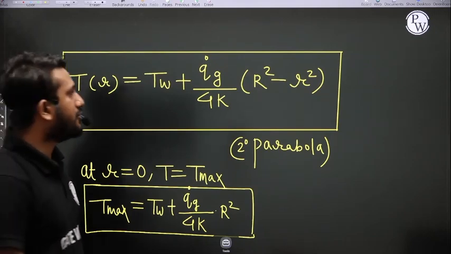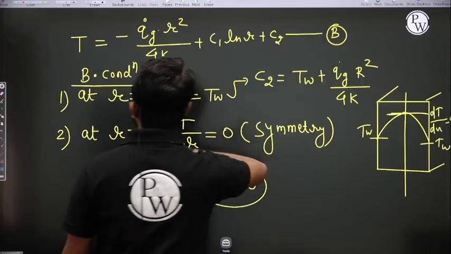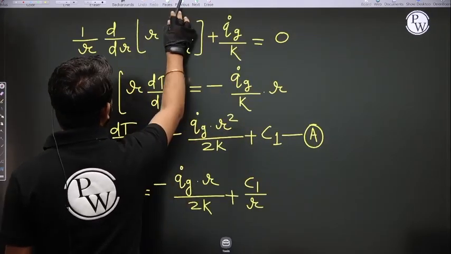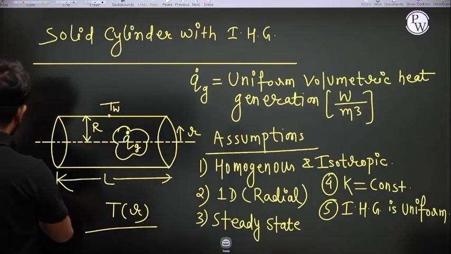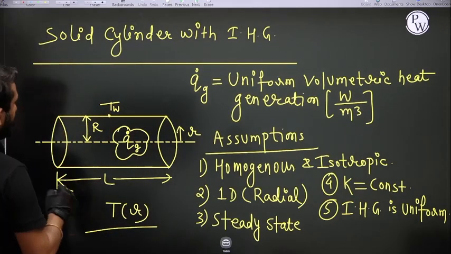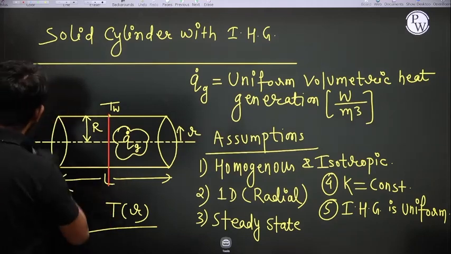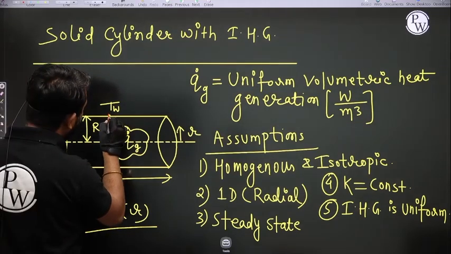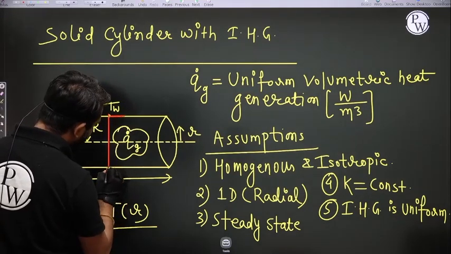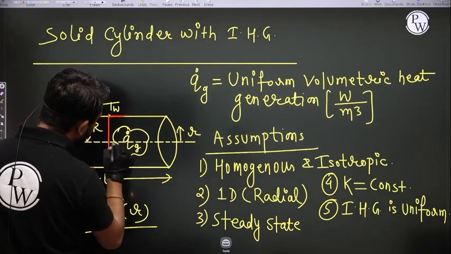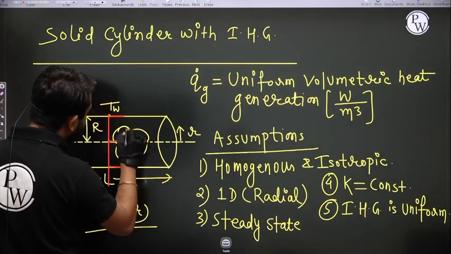Is it clear? So let's see how the temperature varies. This is the solid cylinder. Here the temperature is TW, and at the center the temperature is maximum.